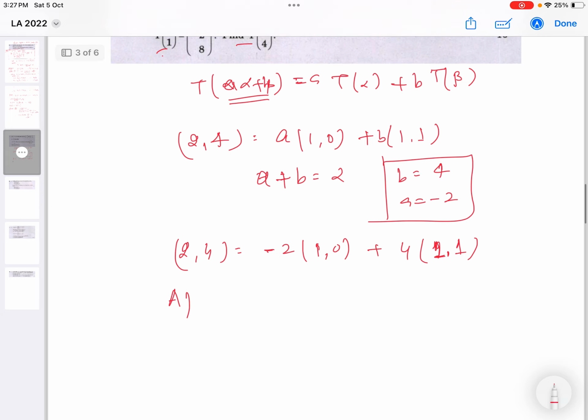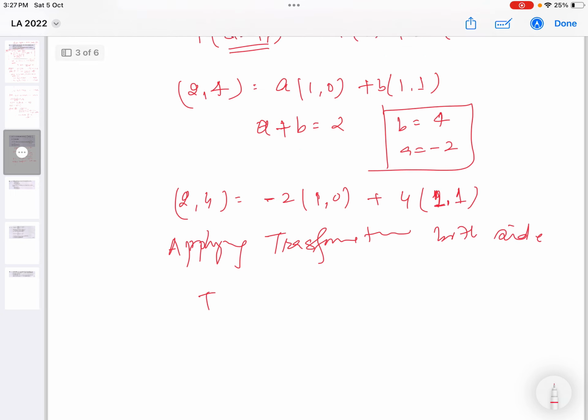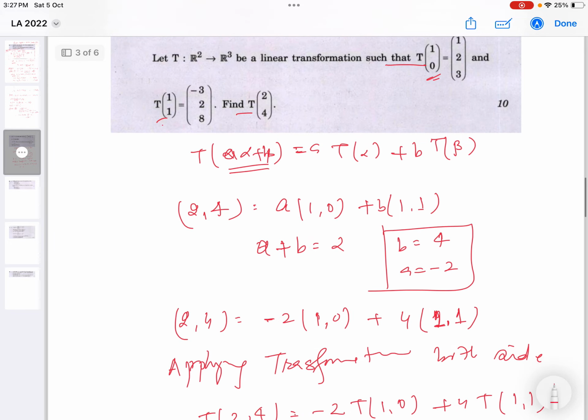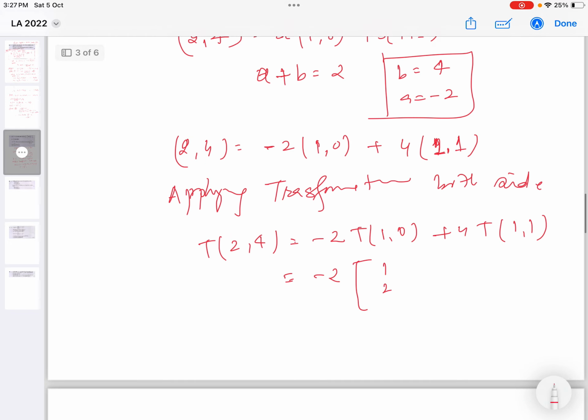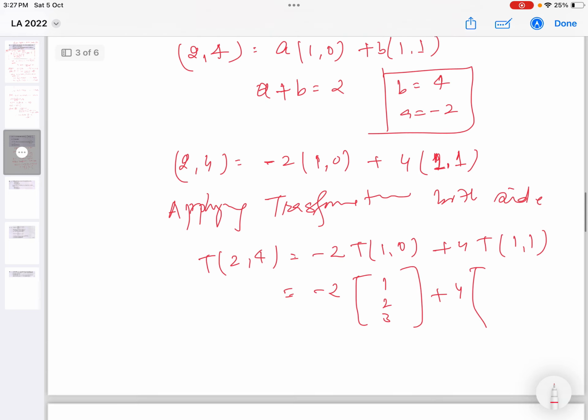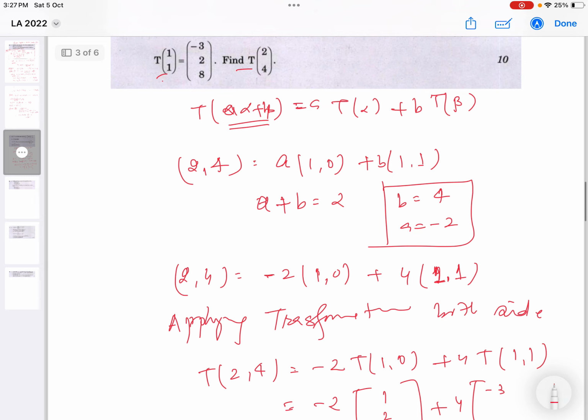So applying transformation on both sides. T(2,4) is -2 times T(1,0) plus 4 times T(1,1), and we know that T(1,0) is nothing but (1,2,3) and T(1,1) is (-3,2,8).